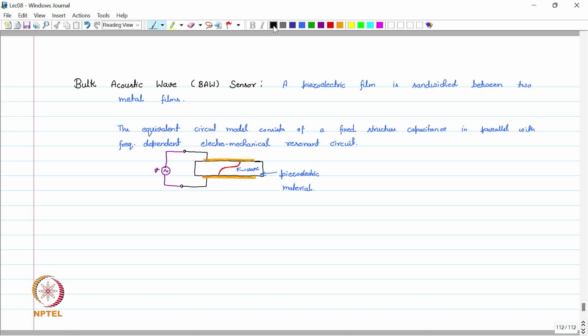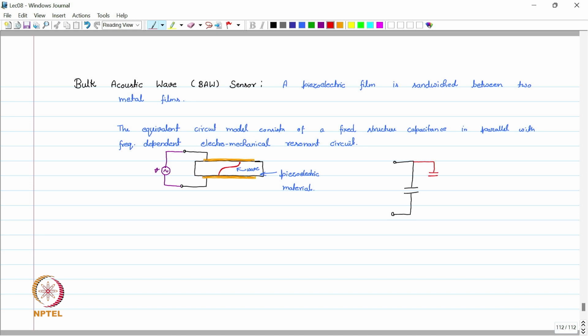So the more electrical equivalent model of this will look something like a capacitor, which is a fixed capacitor because of this material, and an electromechanical resonance circuit which is in parallel to this.